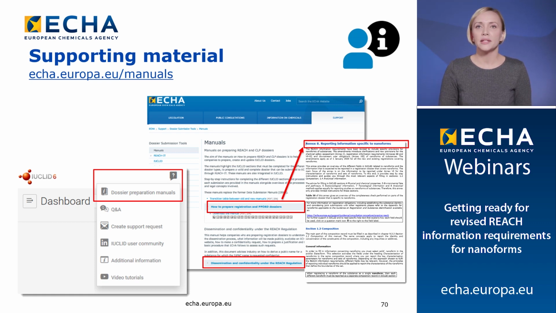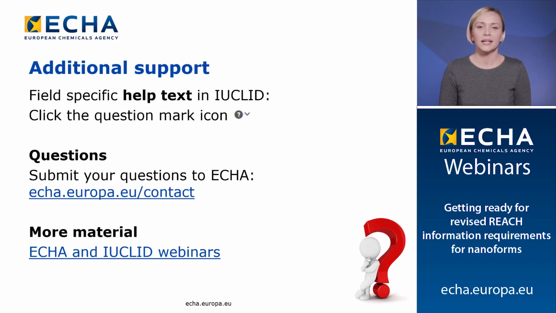Also, you can access these manuals from your IUCLID instance by clicking on the square question mark icon at the top of the IUCLID window. For additional information, you can click on the help text in IUCLID, the question mark icon that is next to the field label, to read more information about that specific field.